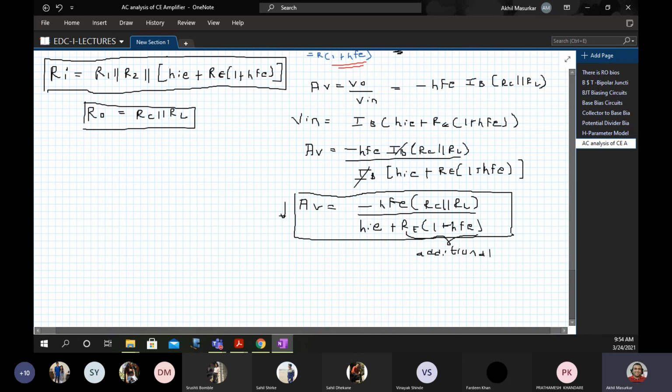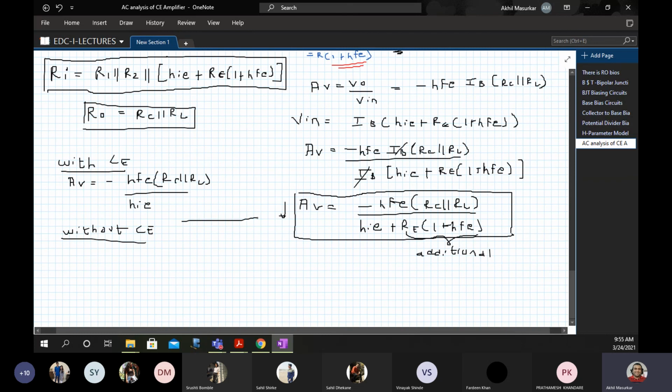So with CE, we have AV as minus HFE, RC parallel with RL upon HIE, and without CE, we have this. So here the gain is going to fall.